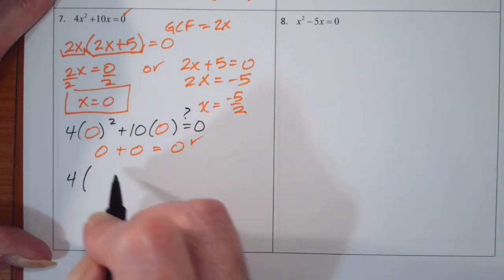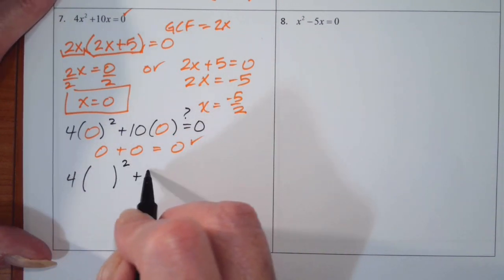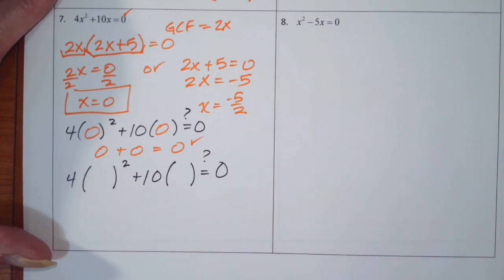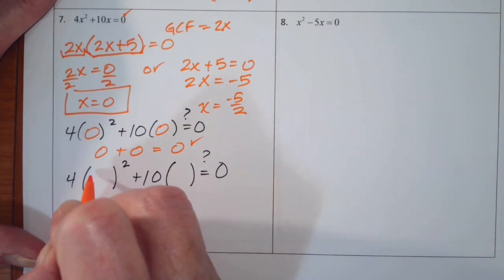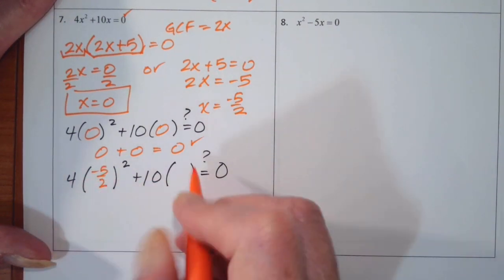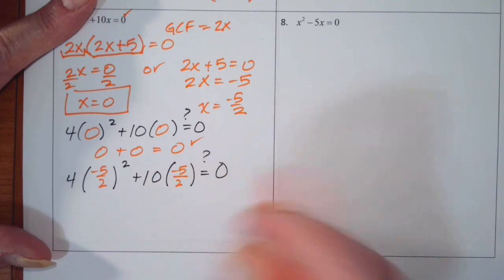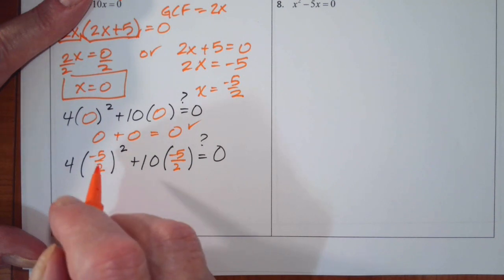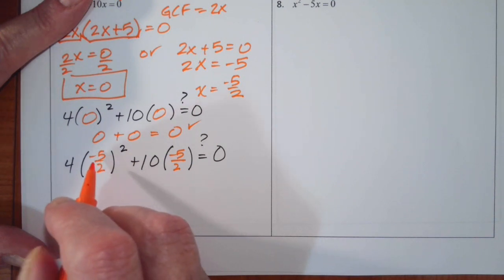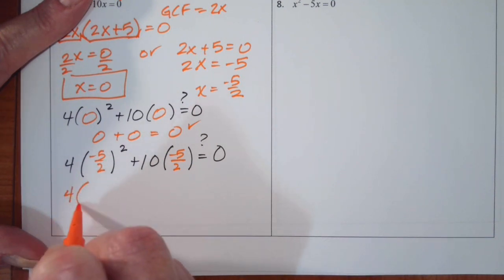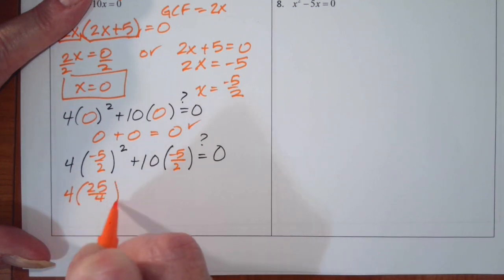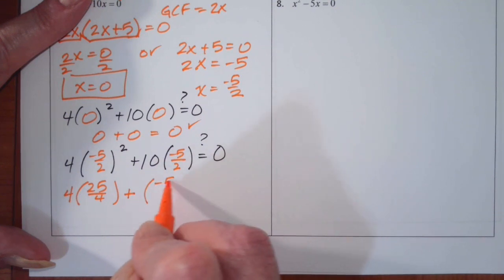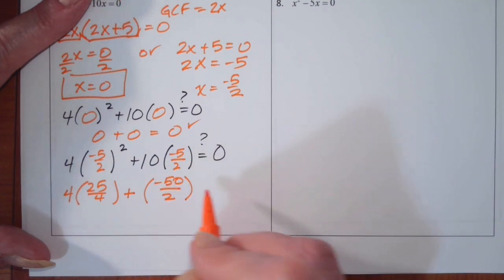Okay, so 4 times negative 5 halves squared plus 10 times negative 5 halves. I want to know if that equals 0. Okay, so negative 5 halves times negative 5 halves is 4 times 25 over 4 plus negative 50 over 2.